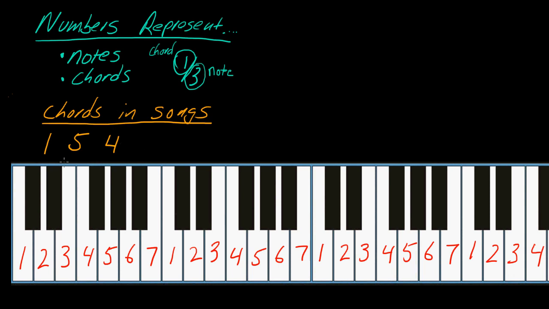Probably after these 3, the next chord you're going to encounter is the 6th chord, which is a minor chord. But 1, 5, 4, 6, there's probably tens of thousands of songs that just have those 4 chords in it. Tons of worship songs.